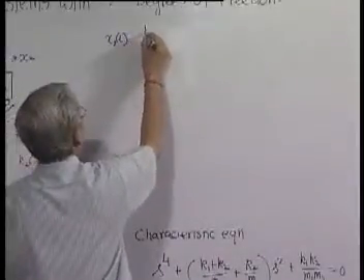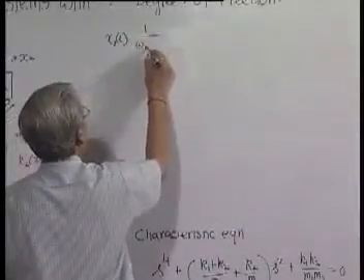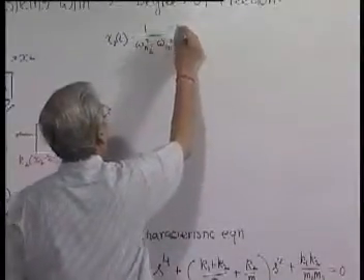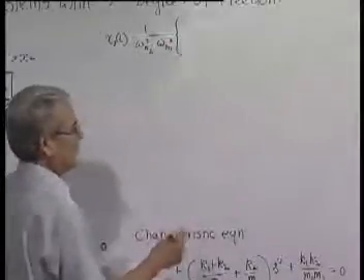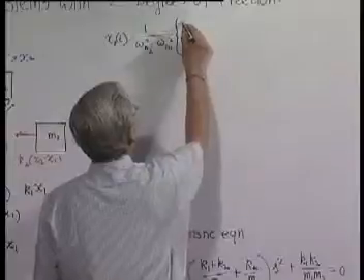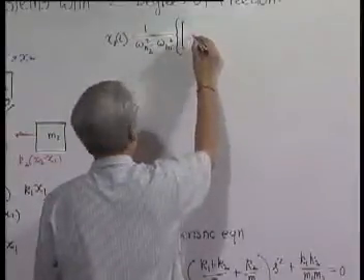So, this is the solution for x1, and we will get a similar solution for x2. It will be required for us to write that, otherwise the points will not be clear.